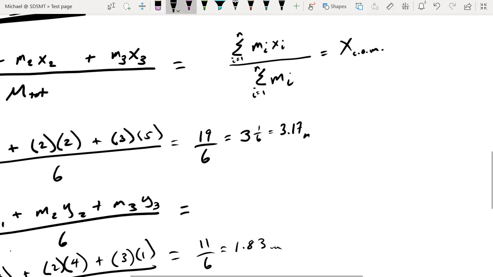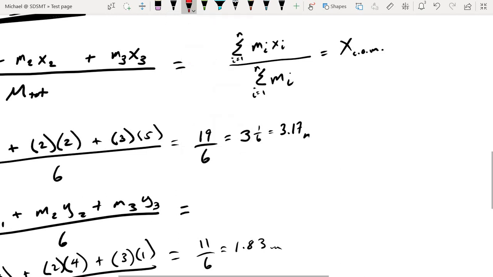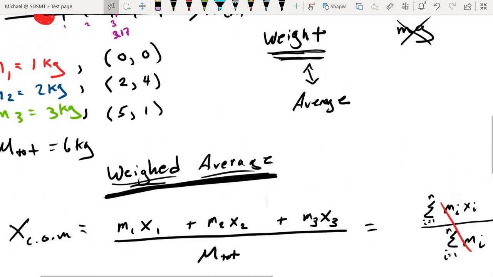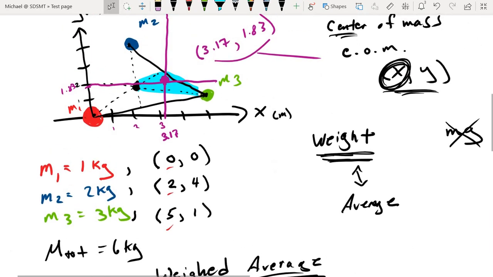And I caution you, I see a lot of people look at this equation and they see sum of mass in the numerator, they see sum of mass in the denominator, and they go, oh, we can cancel that out, and all that's left is the sum of the X components. And that is really wrong, because if you were to add up all the X components, and that's all you did, you would get 7, which is way out here outside of our guesstimate region, and so that's not correct.